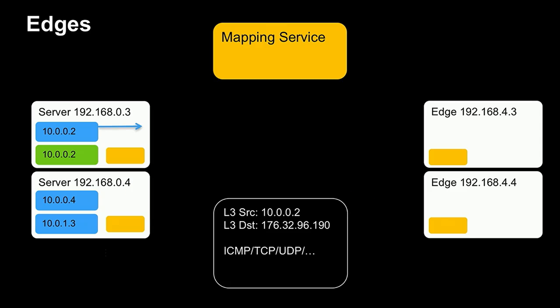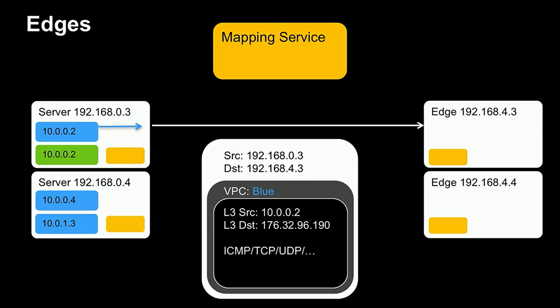So as this plays out, 0.2 wants to talk to this 176 address. Hypervisor will intercept, provides a mapping. We saw before that mapping points it to this Anycast address space for our internet gateway fleet. It's wrapped and sent across.